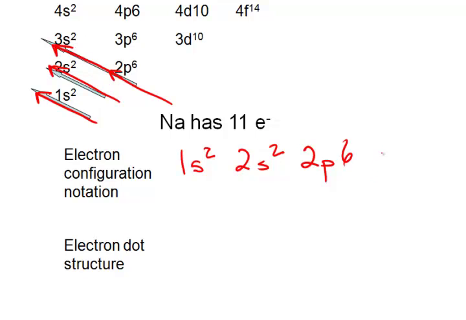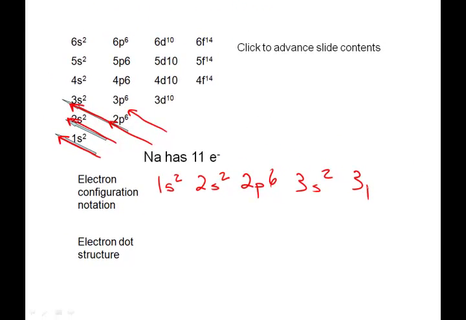And then we go to 3s, and at this point we have 2, 4, 10, 12 electrons. And then after 3s2, we come to 3p6. That brought us up to the 18 electrons.